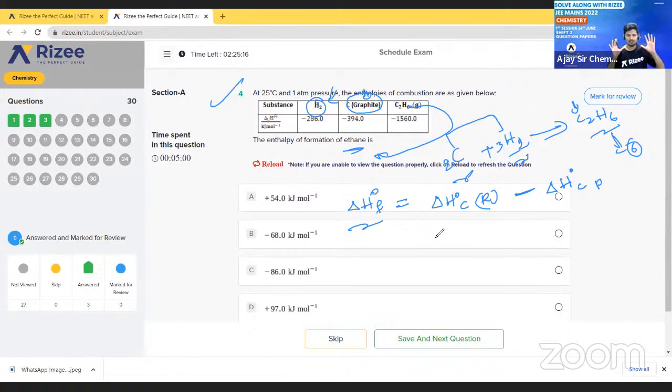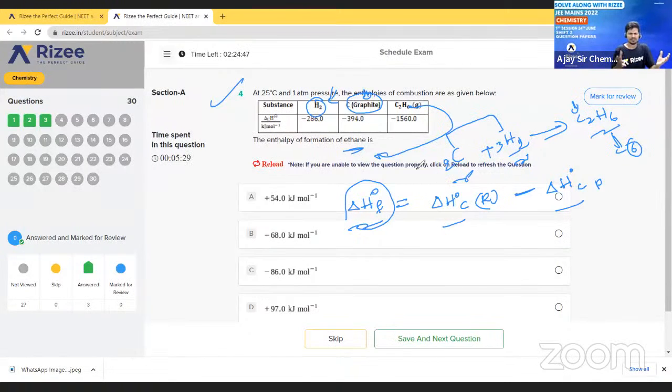So what we have to do is take the enthalpy of combustion of the reactants and subtract the enthalpy of combustion of the products from it. Then we will get the enthalpy of formation.